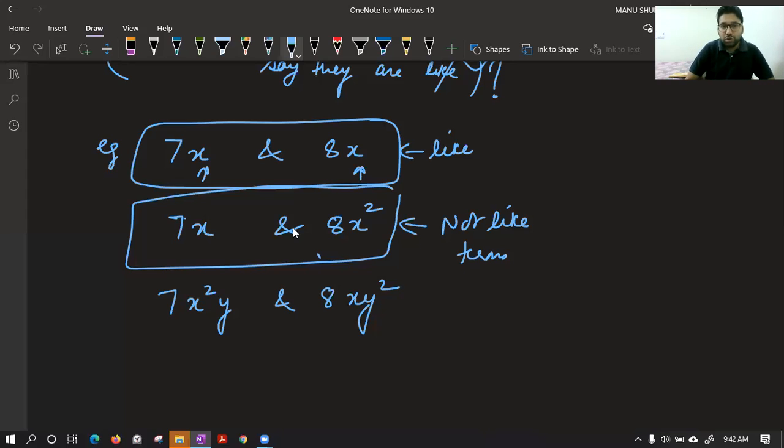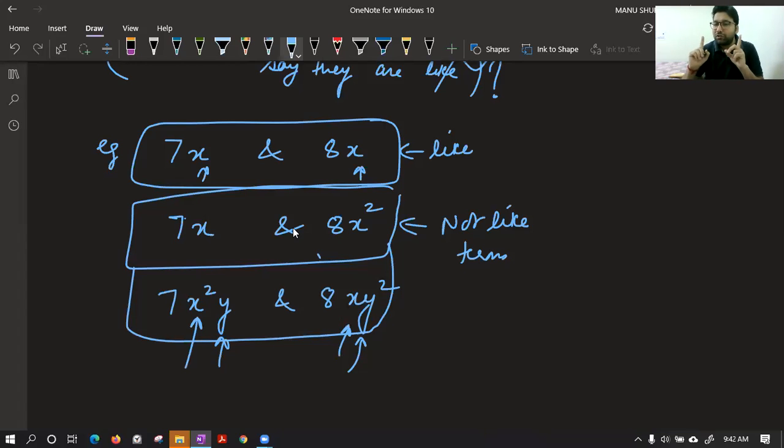No, Sarah, no. You people are seeing x is there, y is there, but you have not compared the powers. The power of x here is 2, the power of x here is 1. The power is changing. And here the power of y is 1, here the power of y is 2. They are not like terms.